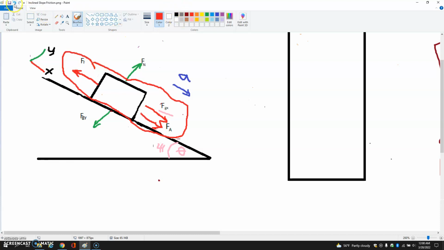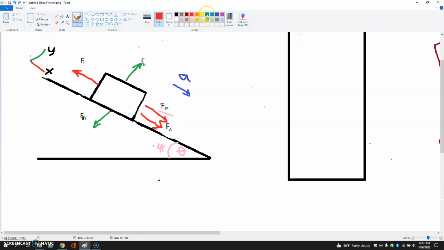So, yeah, you have force of friction and force of gravity X and applied force opposing each other. Friction is trying to hold the object on the hill, up the hill. Gravity and the applied force are trying to push it down.